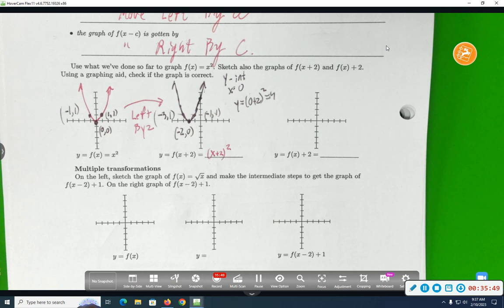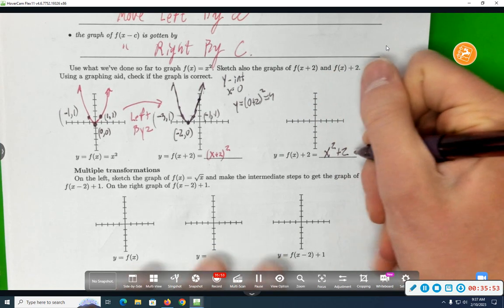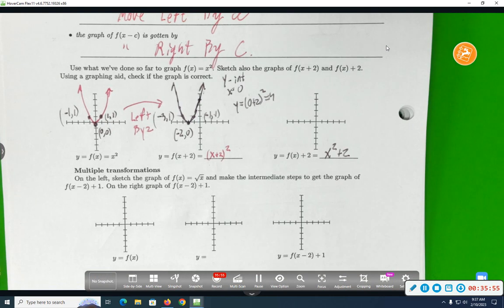Nice. And let's do the same thing, but with plus 2 on the outside. What does the graph of x squared plus 2 look like? Or how do you get it? You shift in what direction? Up by 2.